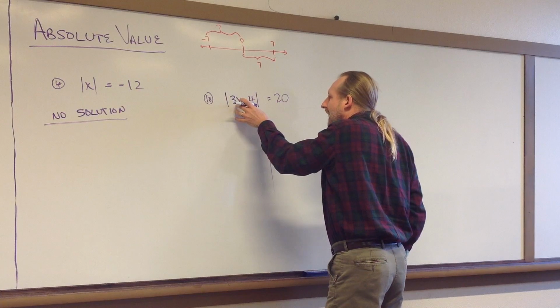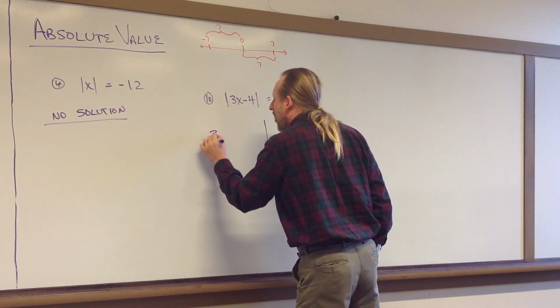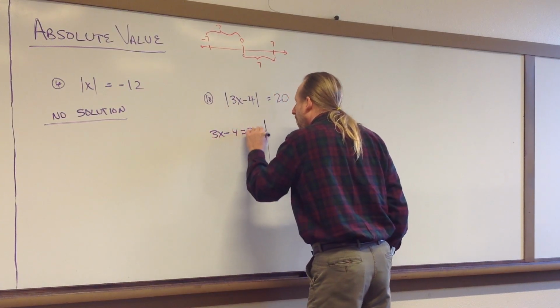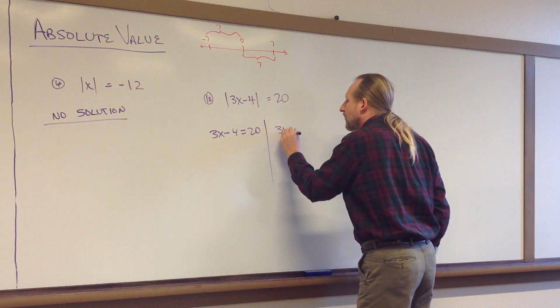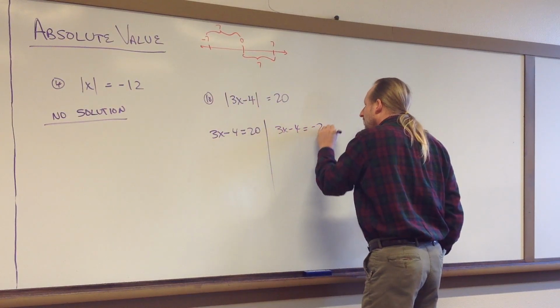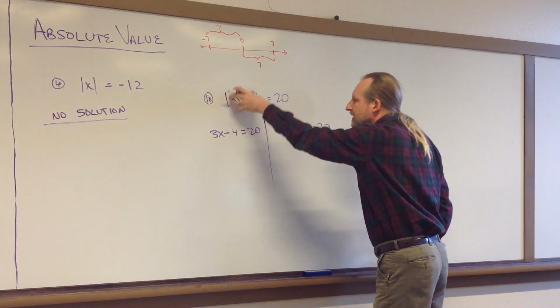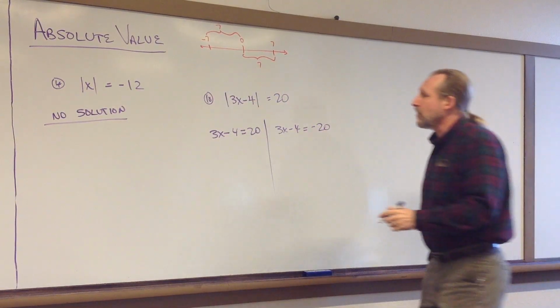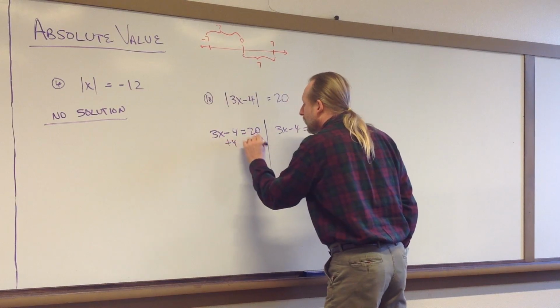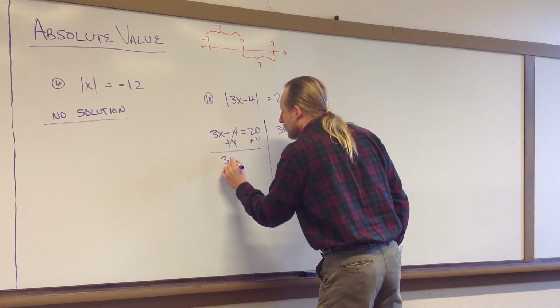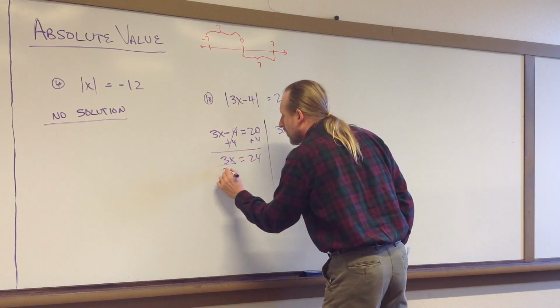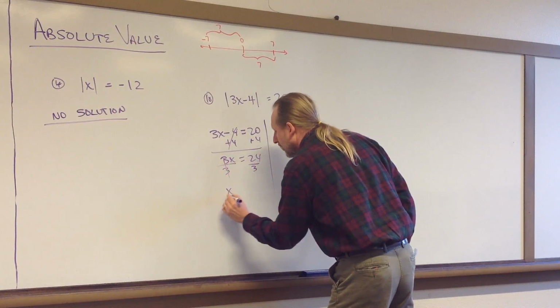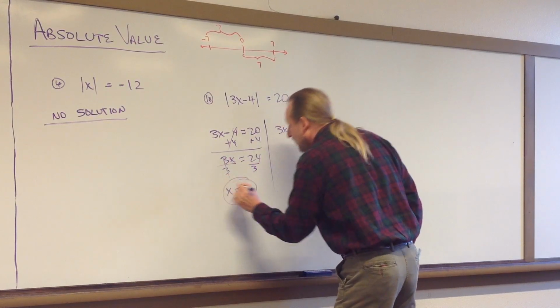So what's inside here could be 20, or it could be -20, right? Because if it's equal to -20, then the absolute value will be 20. So we've got two equations to solve here. Add 4 to both sides. 3x is 24, and so x is equal to 8.